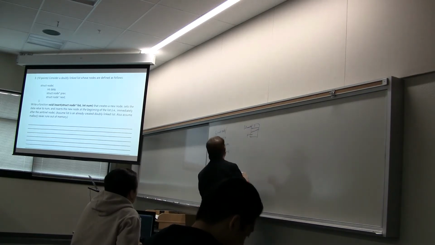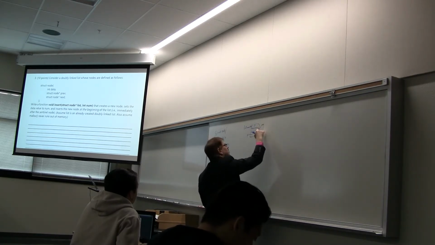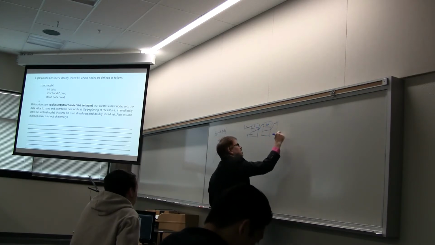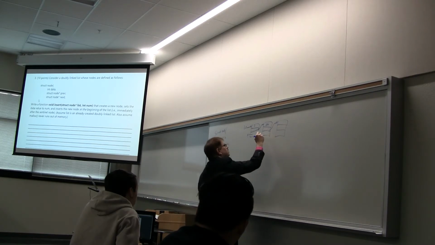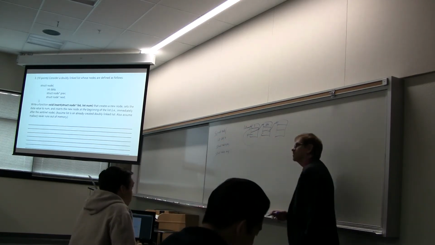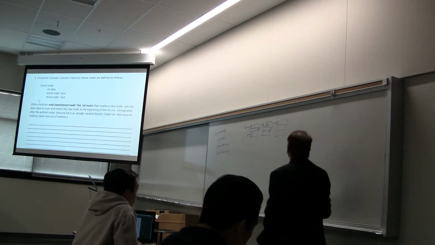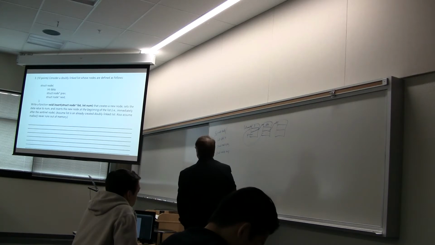We don't know what the previous might point to, but the next will point to our first node. This is some data. This points to our second node, and this points back to our first node, or maybe it points to null. It should probably point to null, but a lot of people just had it pointing to the sentinel.